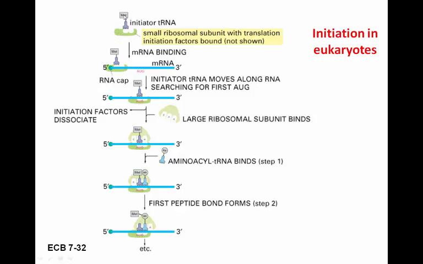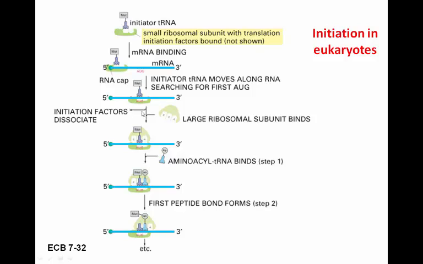We still have the methionine initiator tRNA in this particular structure. And then the ribosome and the initiator tRNA move down the mRNA until they find the first AUG. So the initiator tRNA moves along the RNA searching for the first AUG.